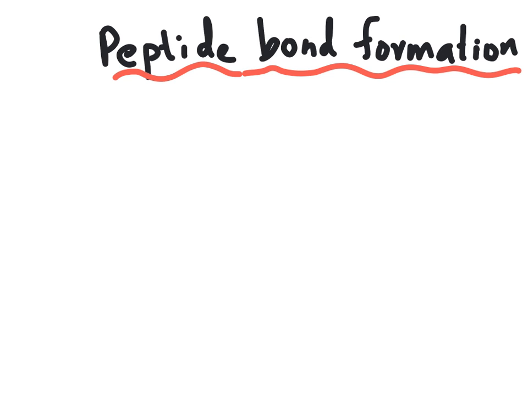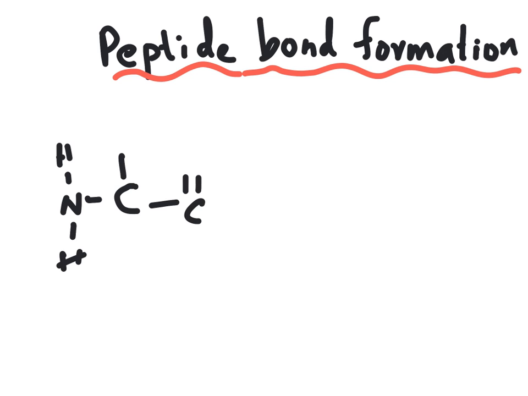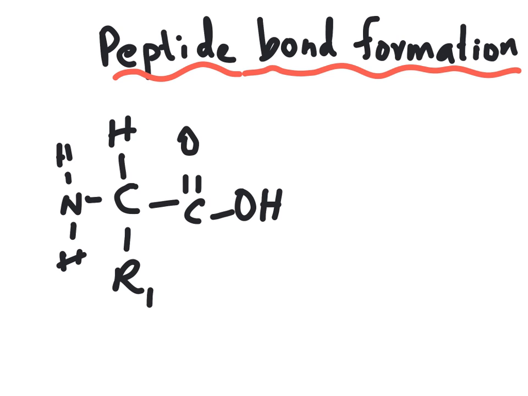Let's say for example we have an amino acid here, right? We have NH2, COOH, right? We have H here, and here we have the R group. To differentiate, I put R1.